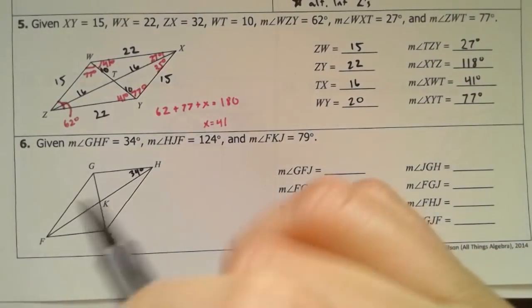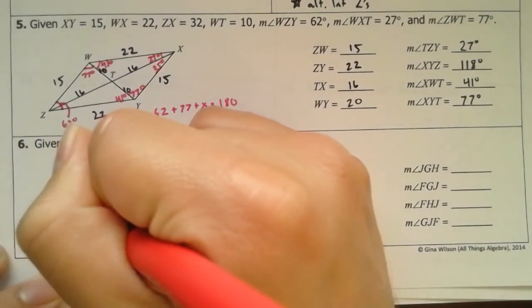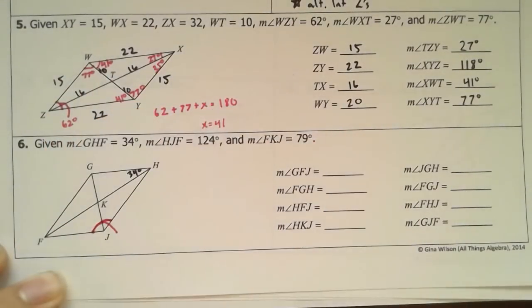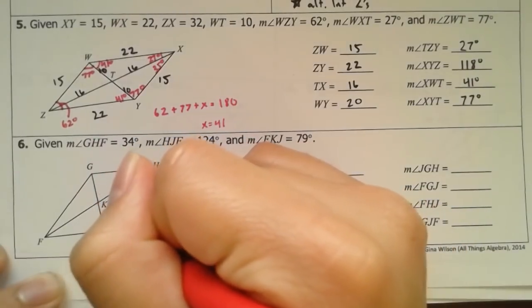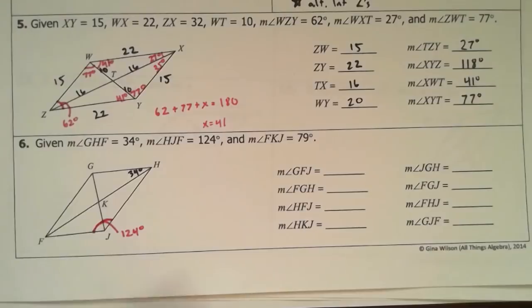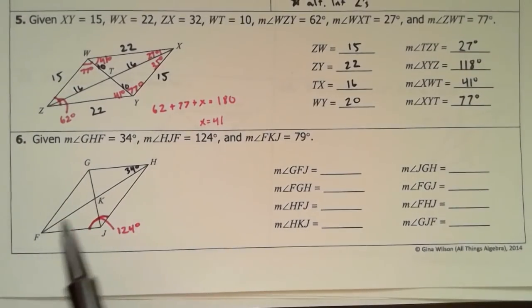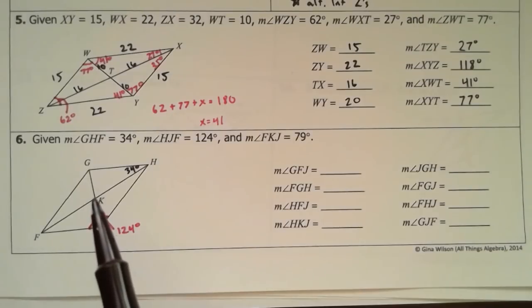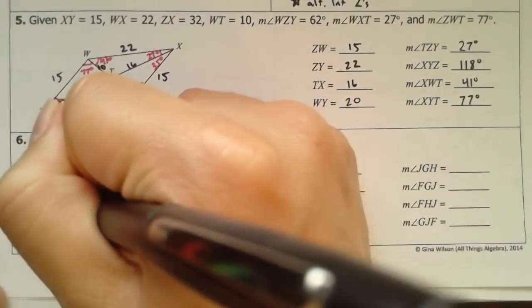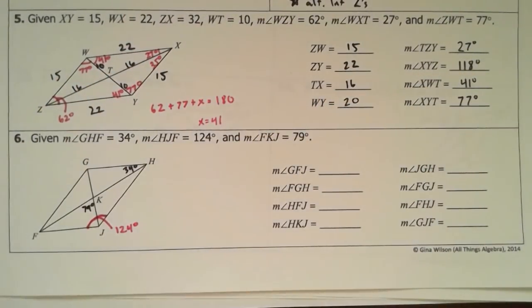So let me do this in red. Okay, so the entire thing is 124 degrees. And then the measure FKJ, so it's actually one off the center there, is 79 degrees. That one is 79 degrees.